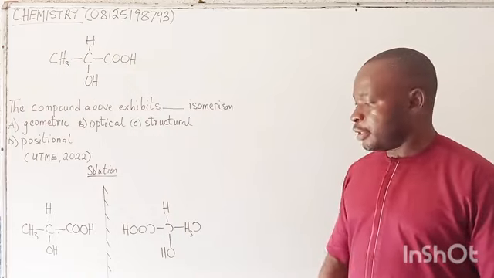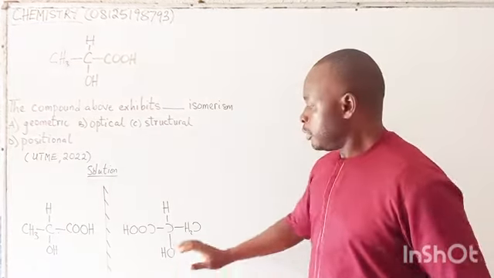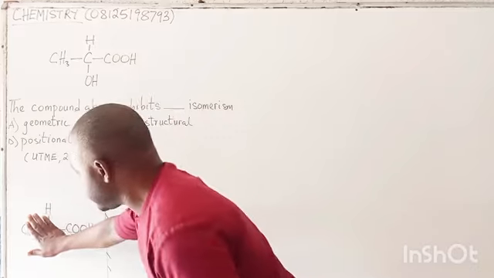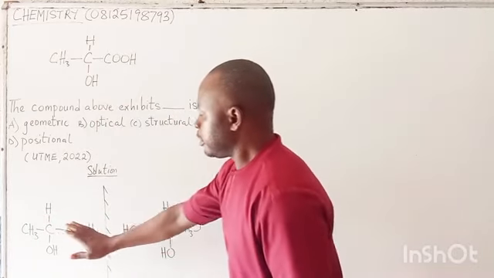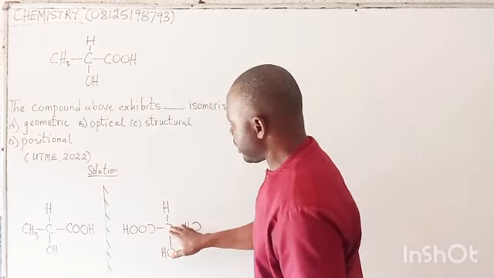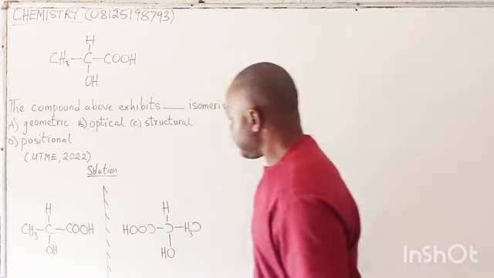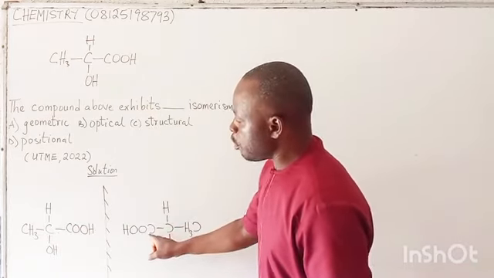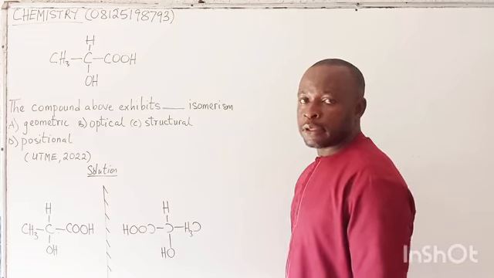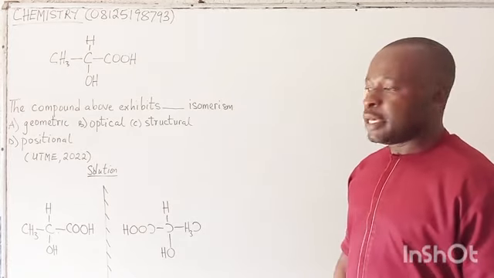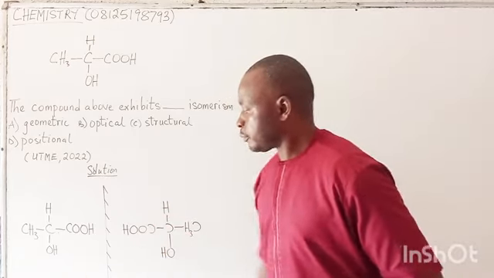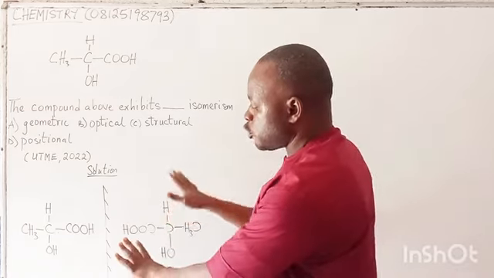Looking at this compound, if we imagine lifting it this way and trying to match it on the main compound, is this carbon going to match with this, and the COOH, is it going to match with the COOH here? The answer is no. That means the mirror image of this compound is not superimposable.